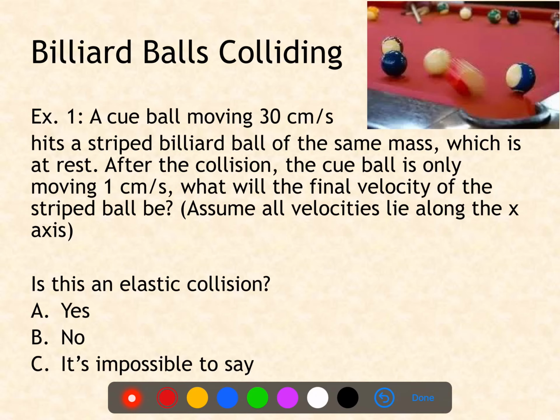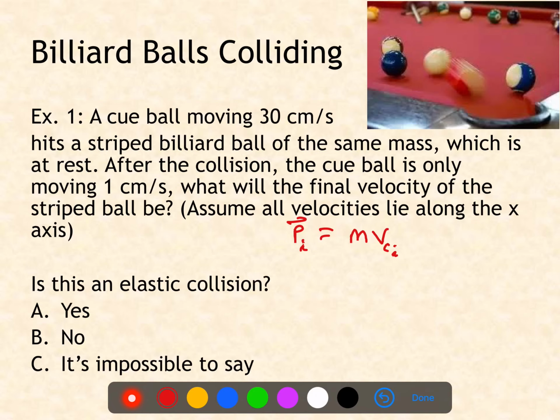So in the initial state, the momentum of the system is entirely in the cue ball because the striped ball is just sitting there. And so the momentum initially is just going to be the momentum associated with that cue ball, m v_c initial.